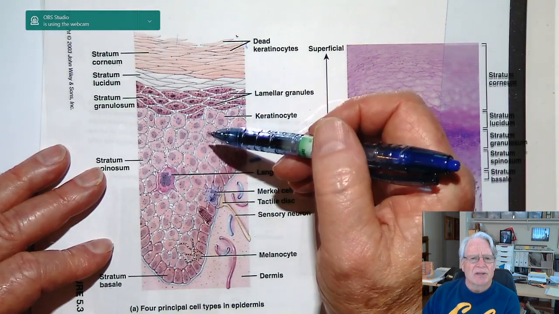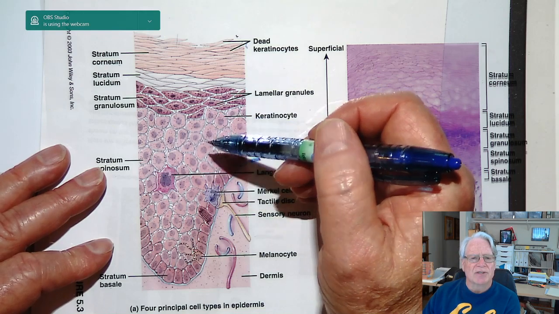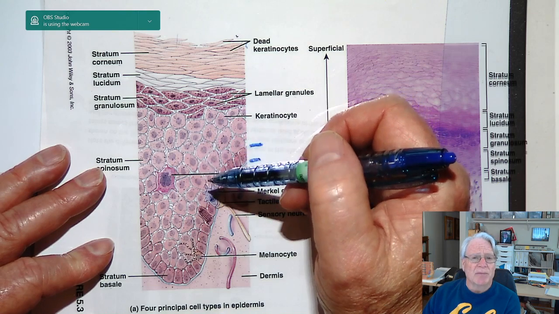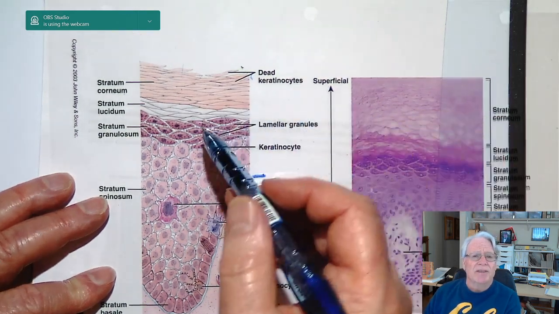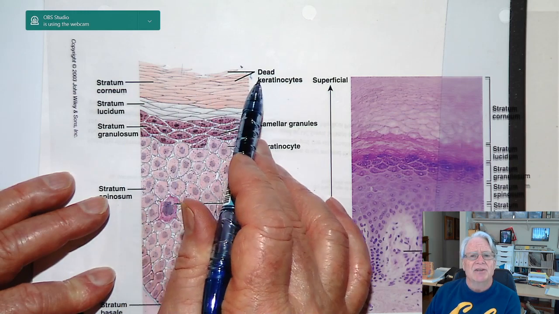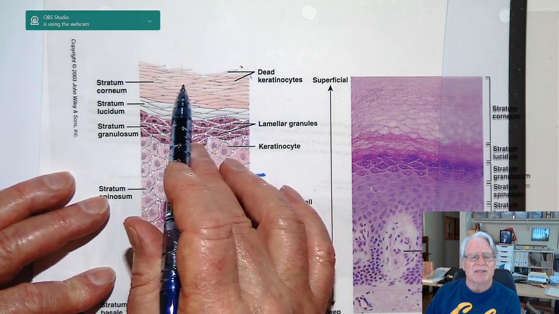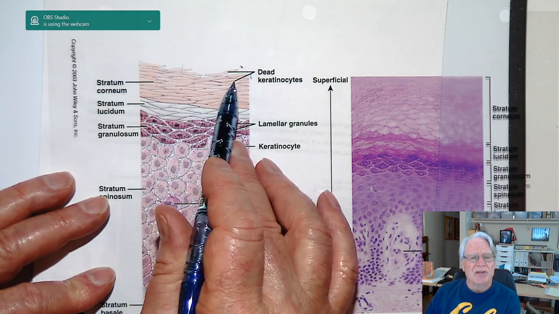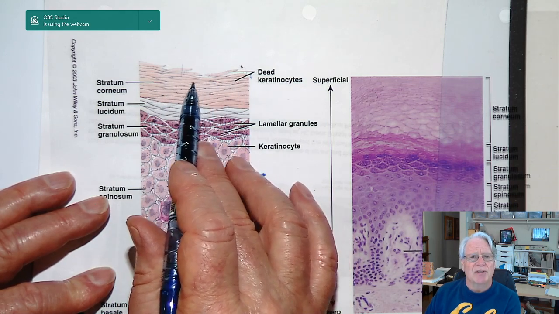Each of these layers, there's something different happening. Each of these layers has a part to play in the development of this layer. One thing that you'll notice is that by the time we get to the top layer here, these are dead cells. These are dead keratinocytes. This is where the cells become very flat and very numerous, stacked on top of each other.